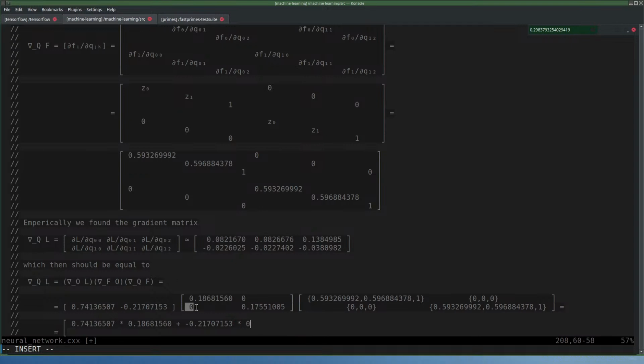It's that value. Followed by, again, this value times 0 plus that value times this value.